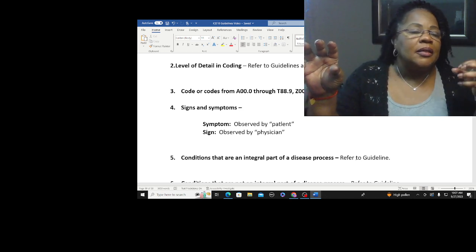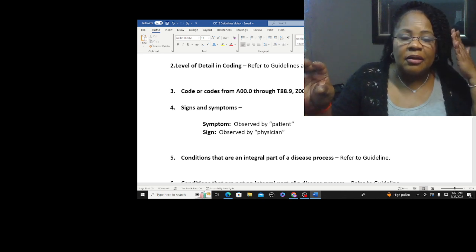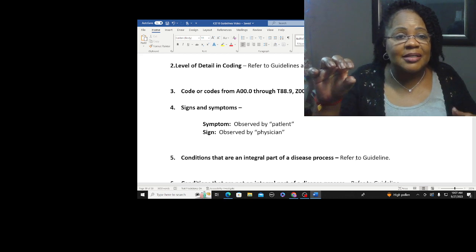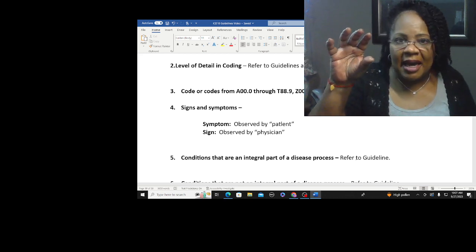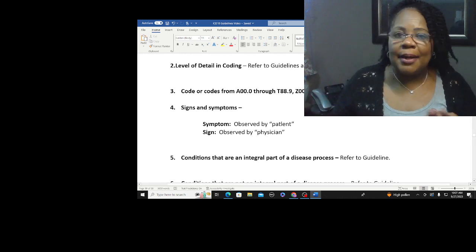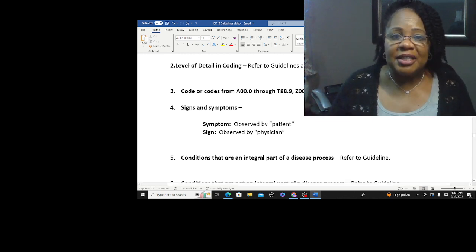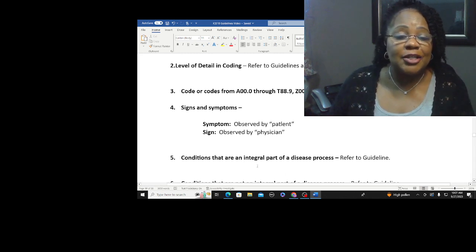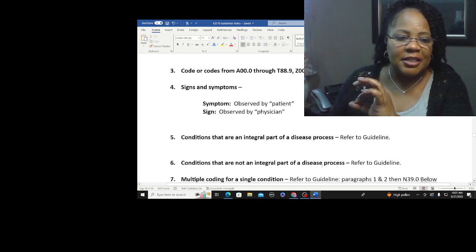Oh, lightheaded, a little dizzy, not feeling well, head is hurting. Oh, you got hypertension. If the doctor says these are symptoms of hypertension, patient does have hypertension, I just code hypertension. I don't code the signs and symptoms. I just code the definitive diagnosis. So again, conditions that are an integral part of the disease process are captured under that disease process.